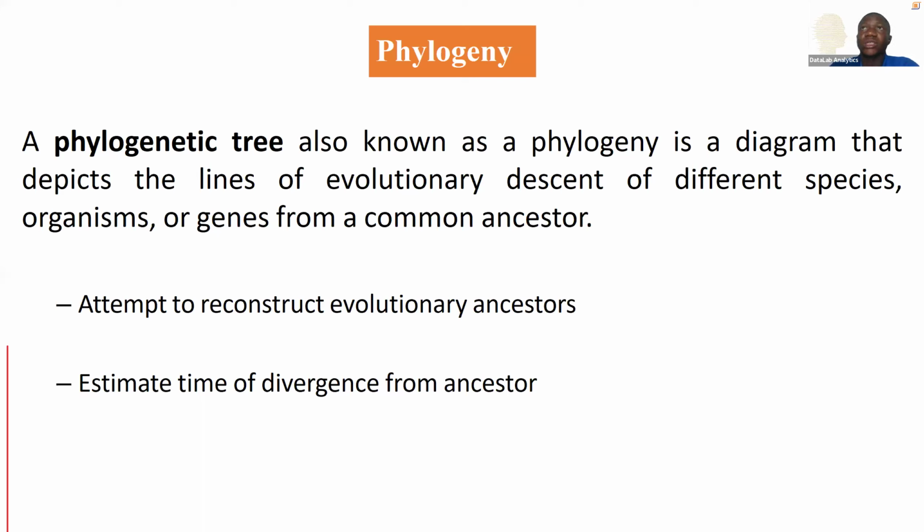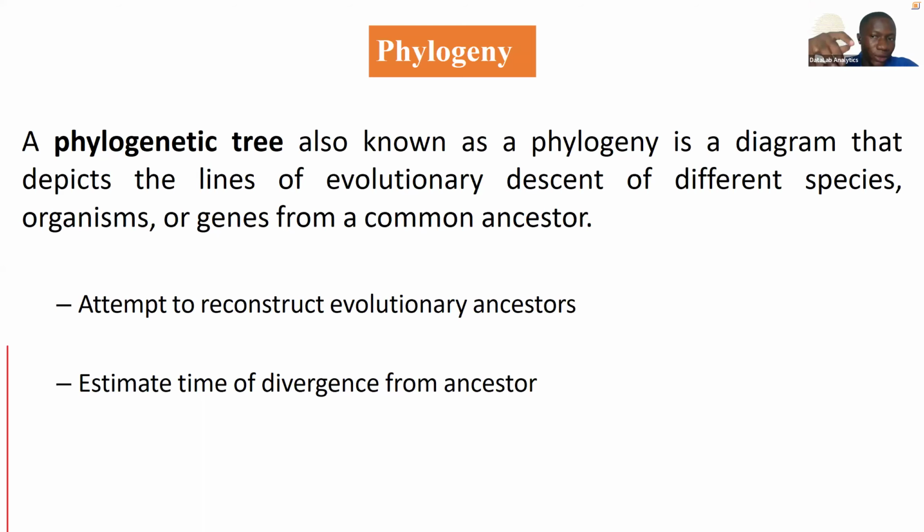Like you want to see the evolutionary relationship between man and, let's say, chimpanzee or monkey, and estimate the time of divergence from ancestors. What time does this divergence really occur between these different organisms or between these different genes?